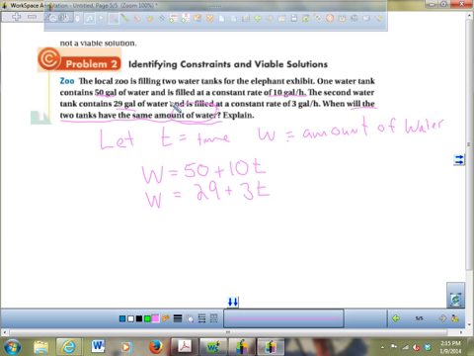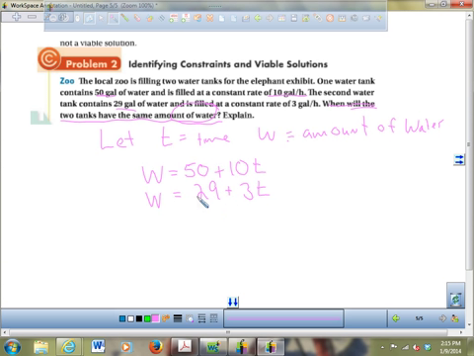What do I want to see? What am I looking for? When will they be the same? So what do I do with these two equations? What's going to be true about the water? Dig deep here. How do I solve this system of equations?